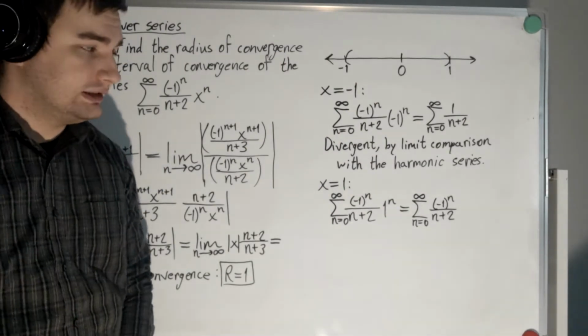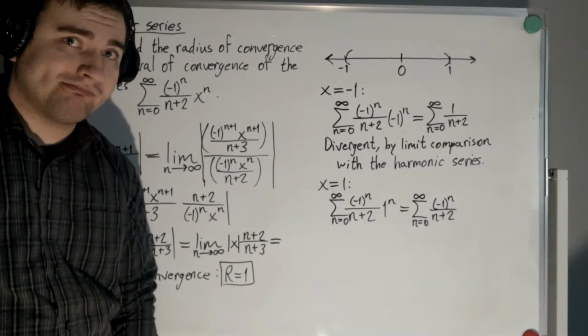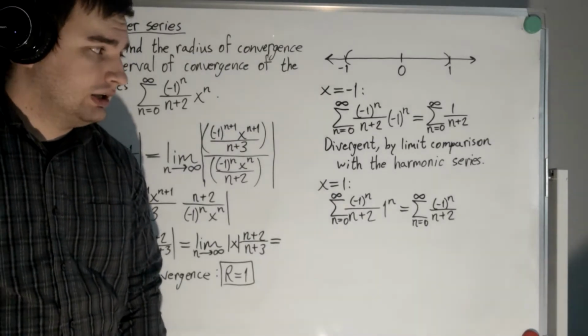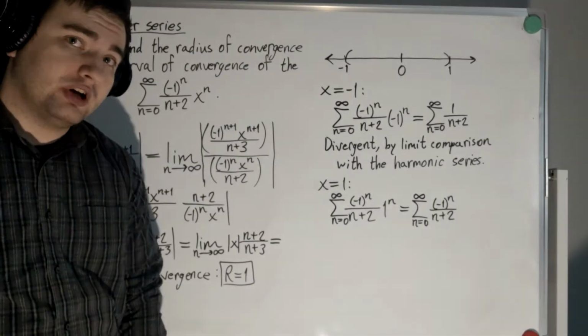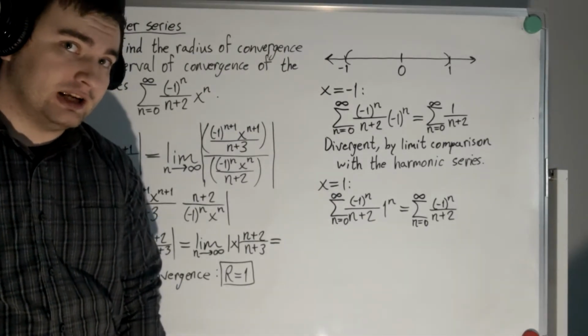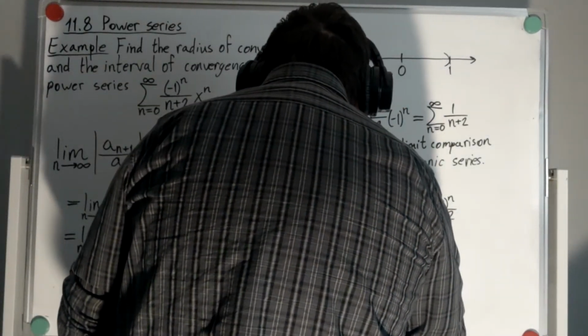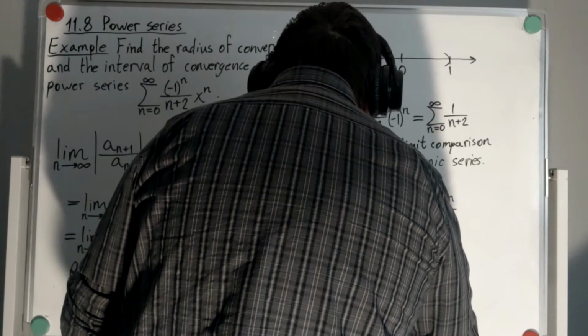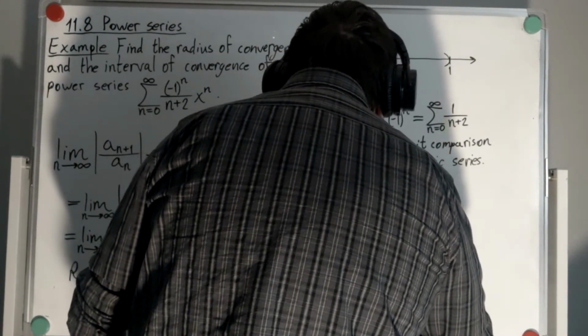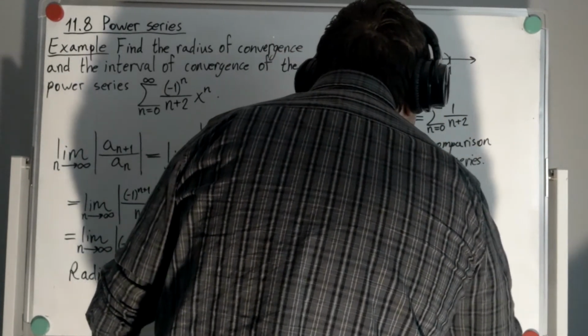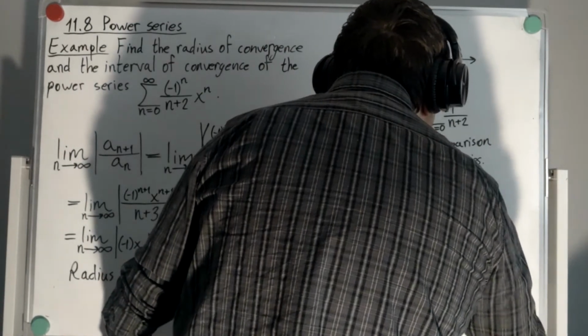And then our question is, is that convergent or divergent? That one is convergent according to the alternating series test. Okay, so this one is convergent by the alternating series test.